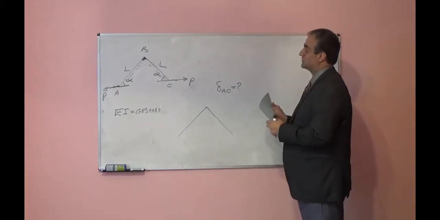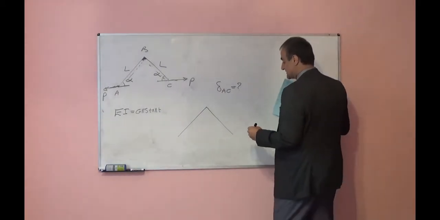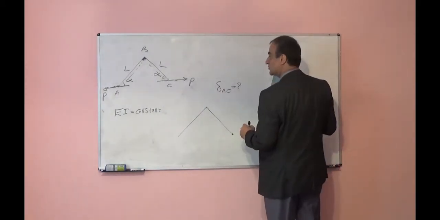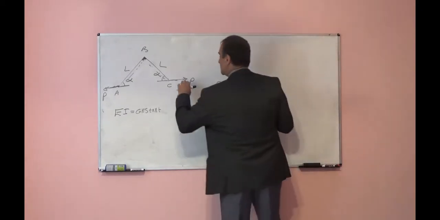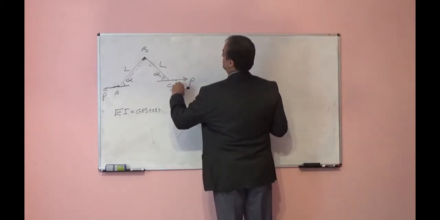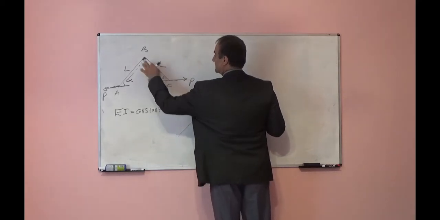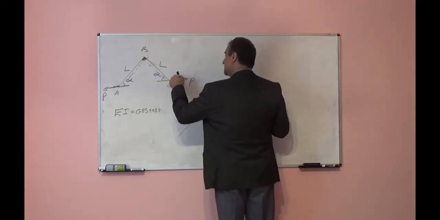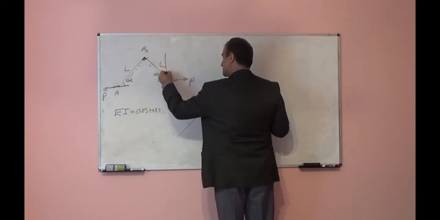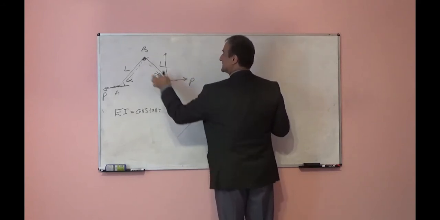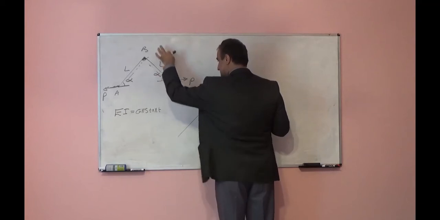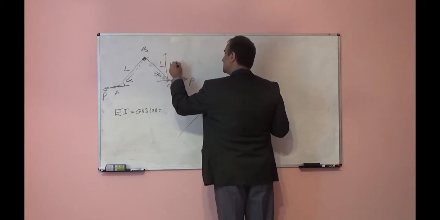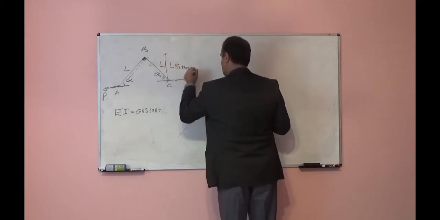So both moments should be positive. Point C it is 0, point B will be P times distance. If I move from C to B, if I cut here, what is the moment? Moment will be P times the distance which is perpendicular to the P, this distance. If this is L, this distance will be L sine alpha.